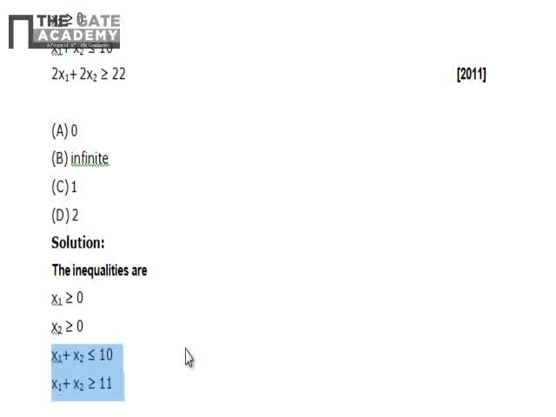That means x1 plus x2 less than or equal to 10 will give the shaded region below, and x1 plus x2 greater than or equal to 11 will give the shaded region above, and these two lines will never intersect. Okay, never intersect. That means there will be no common feasible region. That means there will be no solution at all.